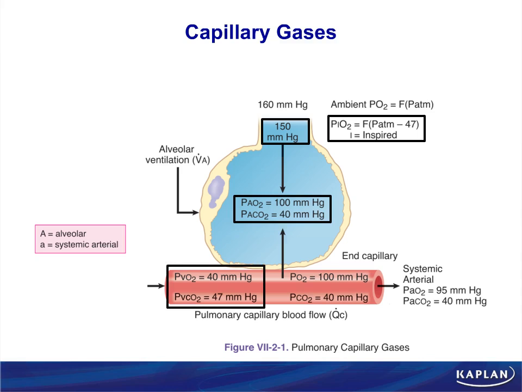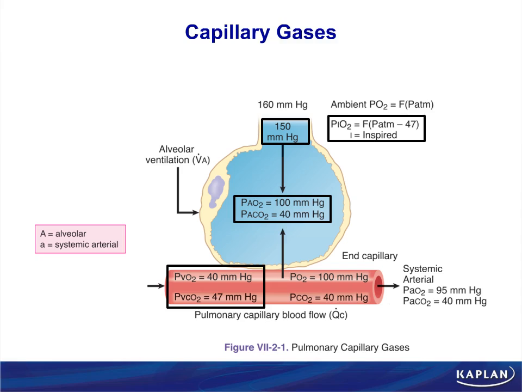To the left, as I've boxed and highlighted, are our partial pressures of venous blood, low oxygen, high CO2. So the PO2 is about 40, PCO2 is about 47. So we have a pressure gradient for oxygen to diffuse in and a pressure gradient for CO2 to diffuse out.